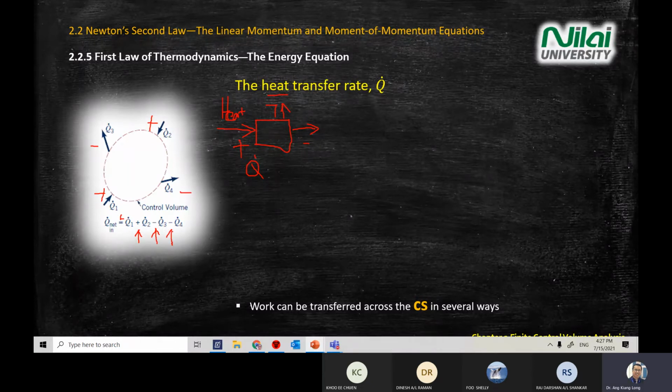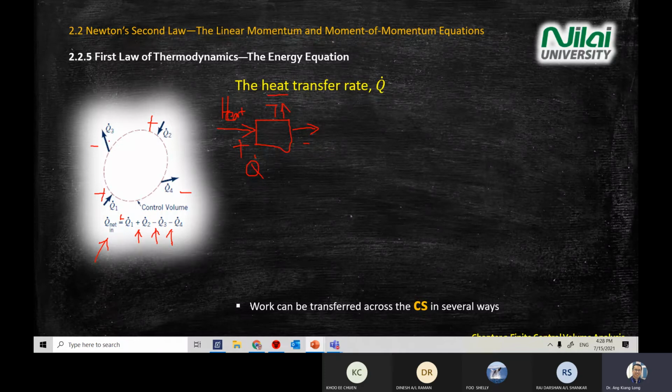So mathematically, you're given a free body diagram like this. You should be able to write this equation. The Q net in the system will equal the total heat energy that happened to the control volume here. You add all the Q dot. So you look at the arrow.